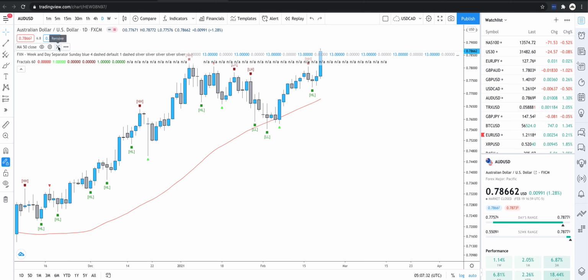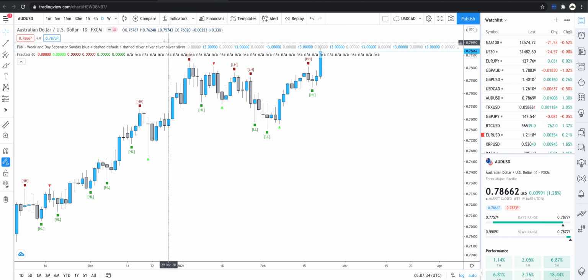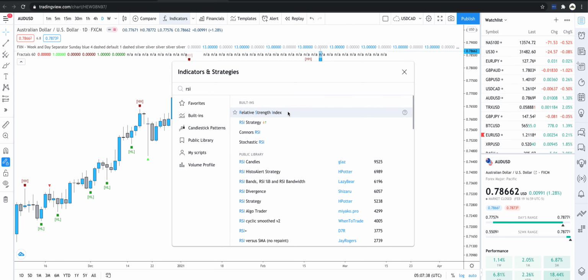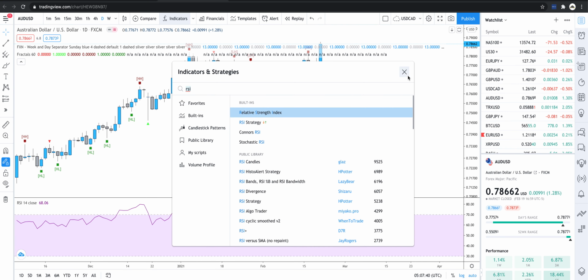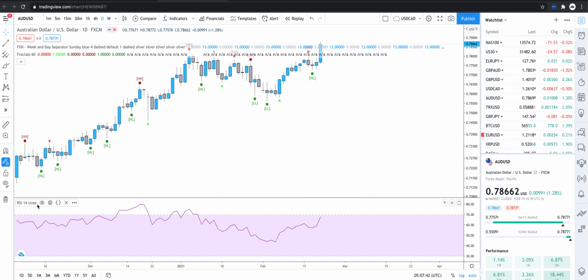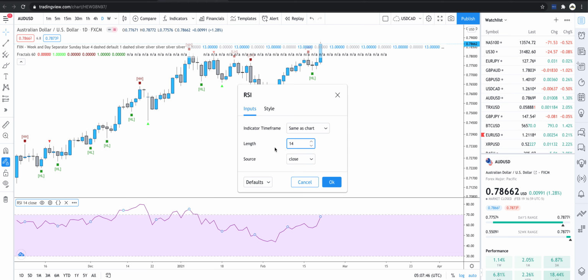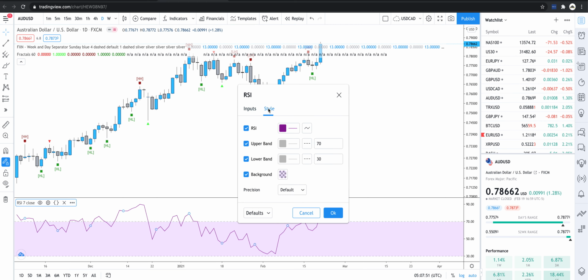What you want to do is add that on there, come down and change the settings. I changed my settings to either 6 or 7, and then I changed the upper band to 80 and the lower band to 20.